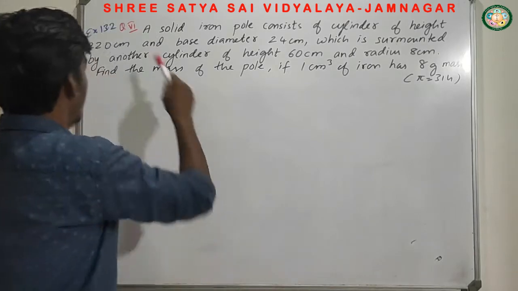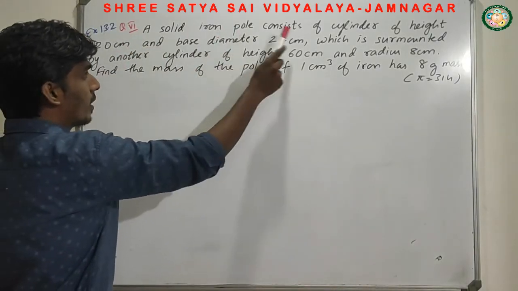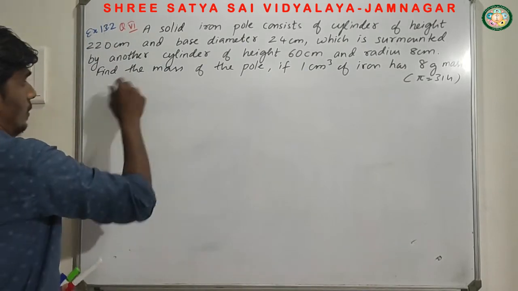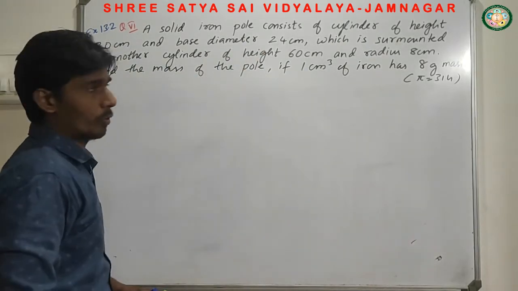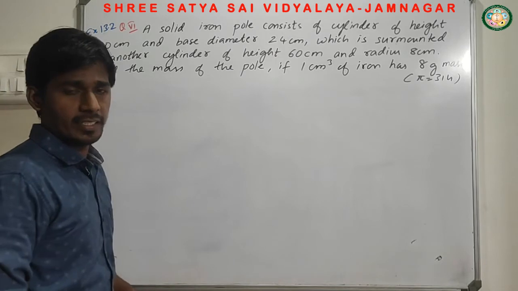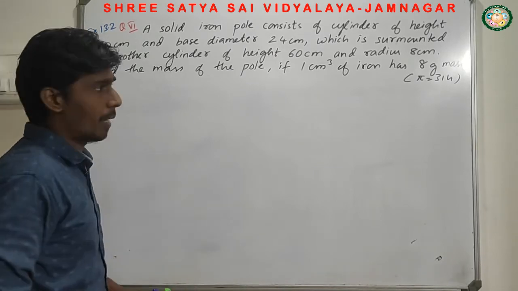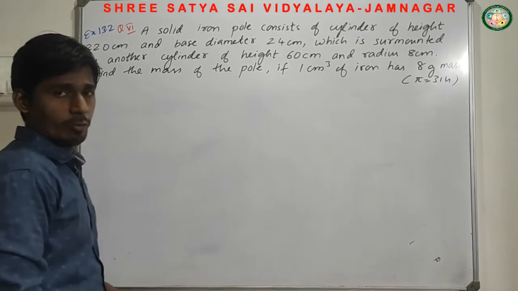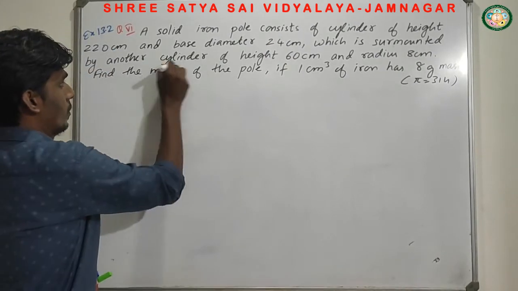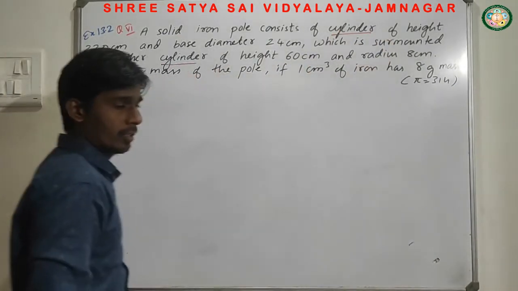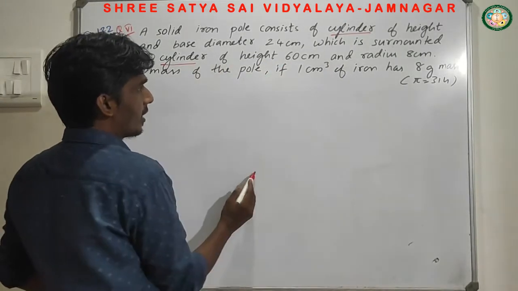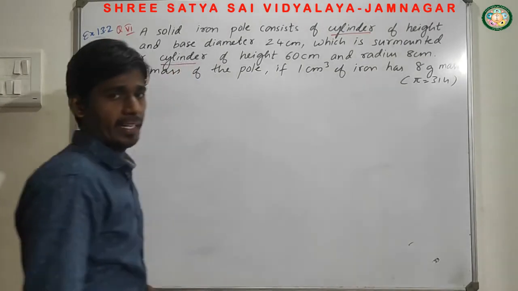Question number 6. A solid iron pole consists of a cylinder of height 220 centimeter and a base of diameter 24 centimeter, which is surmounted by another cylinder of height 60 centimeter and radius 8 centimeter.